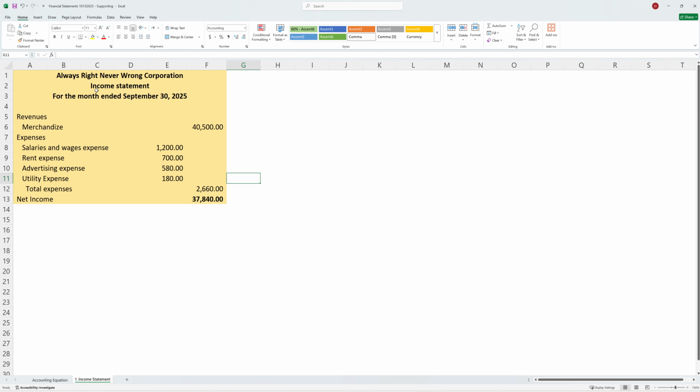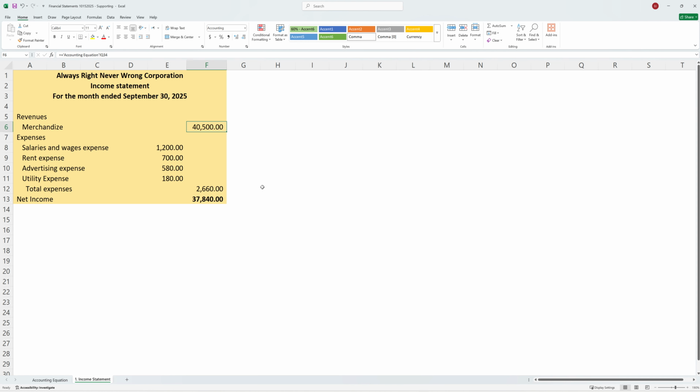We have to say for which period it is, and the way it's guided in GAAP, it is for the month ended September 30, 2025. The first line is revenues, and because we were selling merchandise, that means goods, our total sales were $40,500.